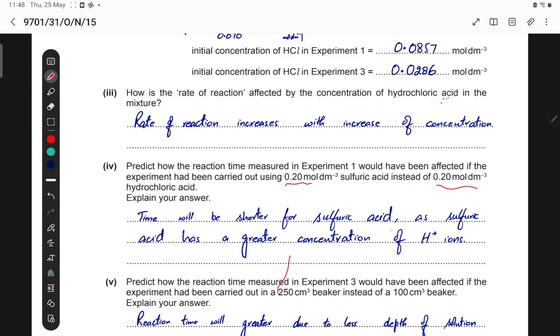The time will be shorter for sulfuric acid as sulfuric acid has greater concentration of hydrogen ions. Sulfuric acid has 2 hydrogen ions while hydrochloric acid has 1 hydrogen ion. So when we use sulfuric acid, the reaction is faster as there are more moles of hydrogen ions.